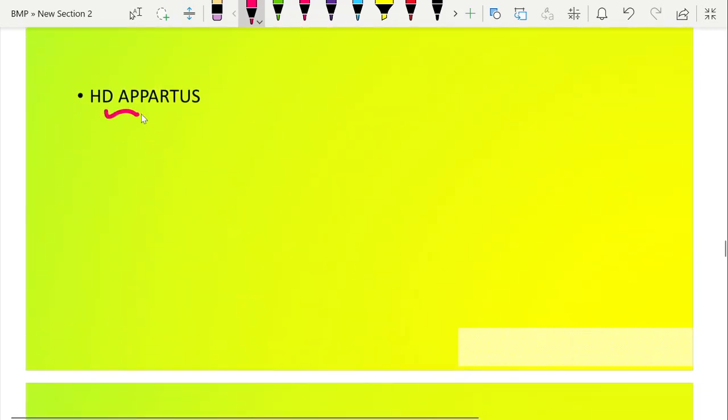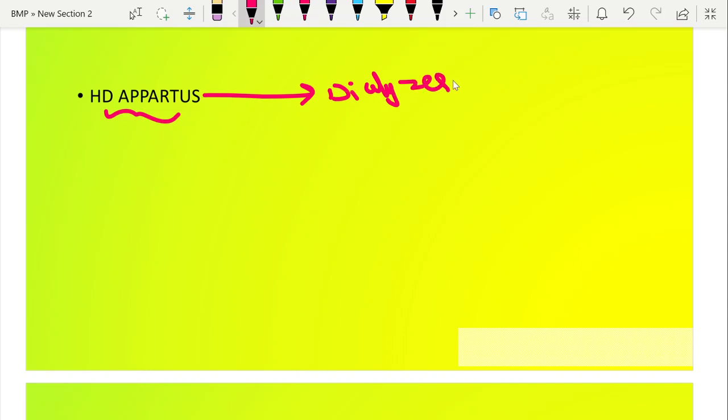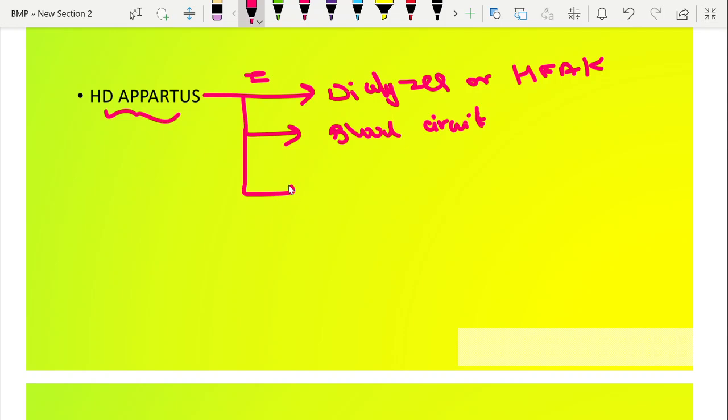So we'll go to the next subheading. What are the things involved in the hemodialysis apparatus? It can be divided into the dialyzer, also called the hollow fiber artificial kidney. This you might get in the spotter. Second one, the blood circuit, which is nothing but the circuit involved in taking the blood from the patient to the dialyzer.